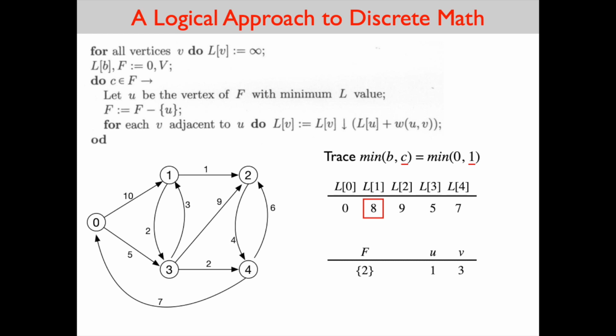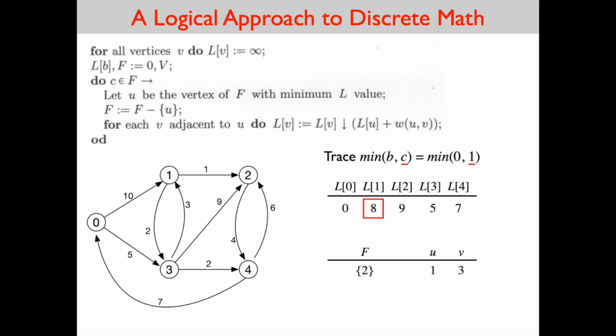And in fact, our author points out that if you change the guard in the outer do statement from C is an element of F to F is not equal to the empty set, then the final values that you get in the L array are the minimum costs of the paths from L sub 0 to every other one in the array.